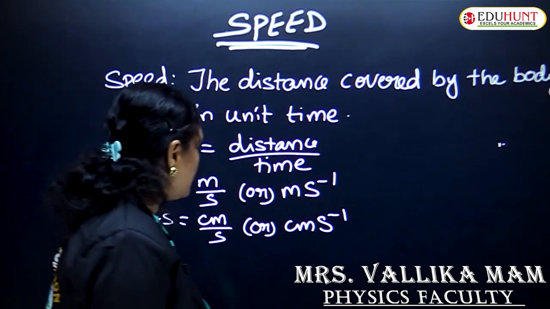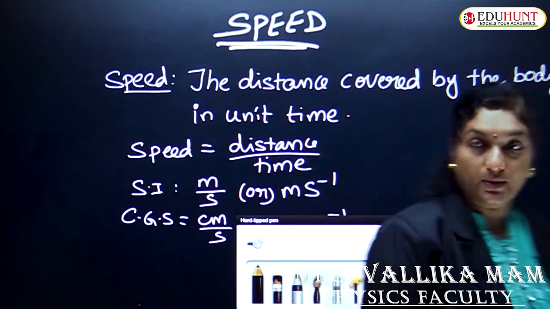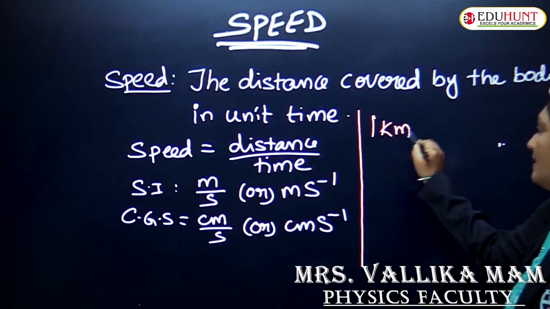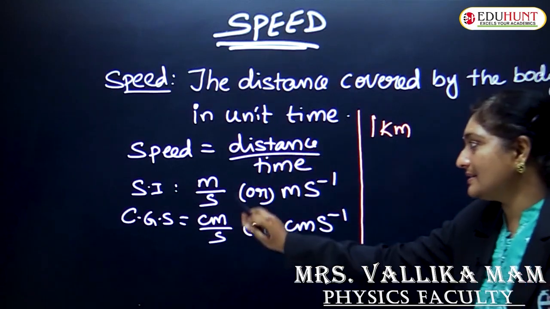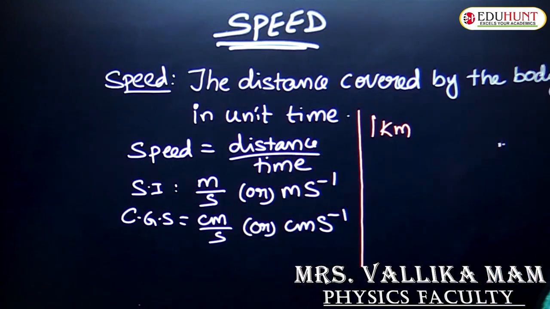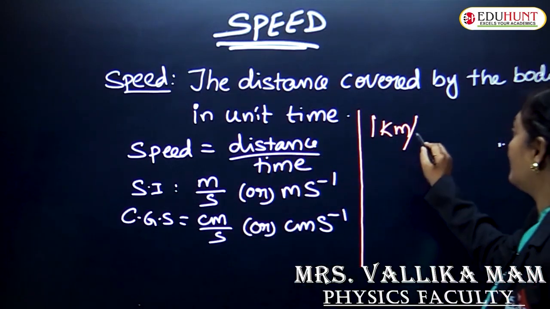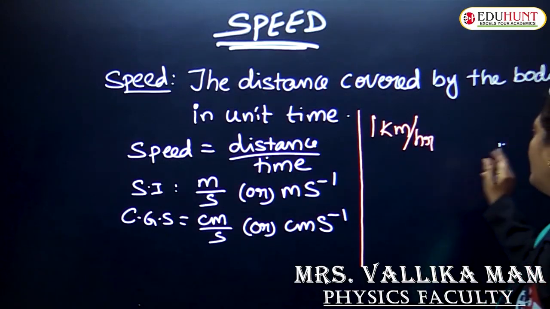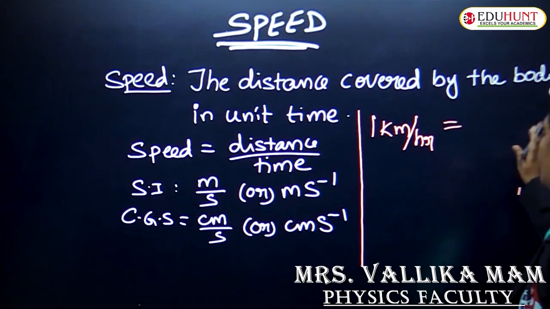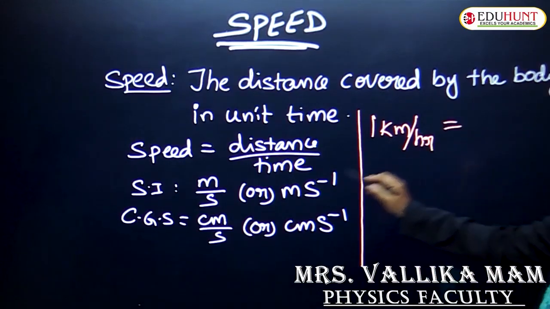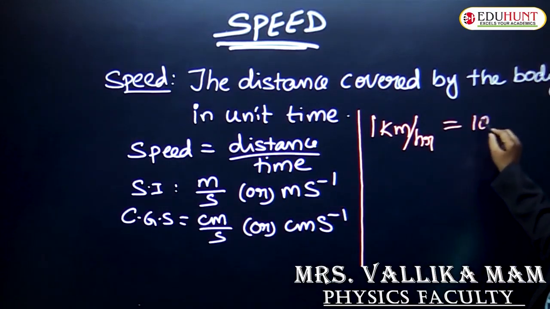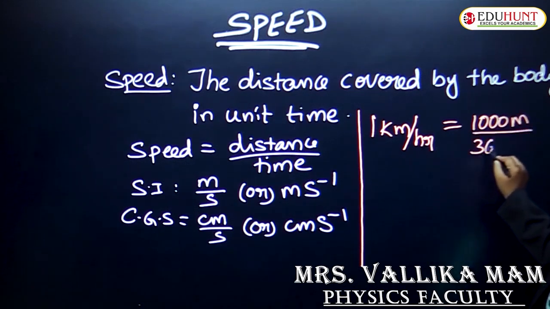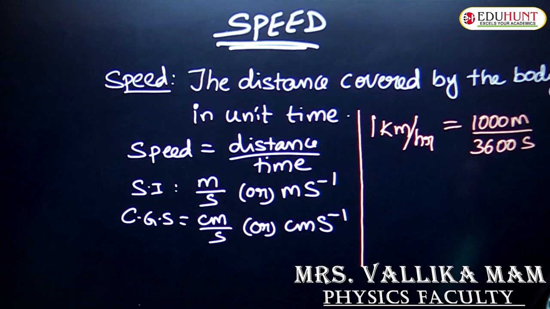One more interesting thing I would like to explain to you is how to convert 1 kilometer per hour. Meter per second is the SI system and centimeter per second is the CGS system. There is one more interesting unit, that is kilometer per hour. And remember, 1 kilometer per hour is equal to 1 kilometer, in SI system meters, which is 1000 meter, upon 1 hour, which can be written as 3600 seconds.